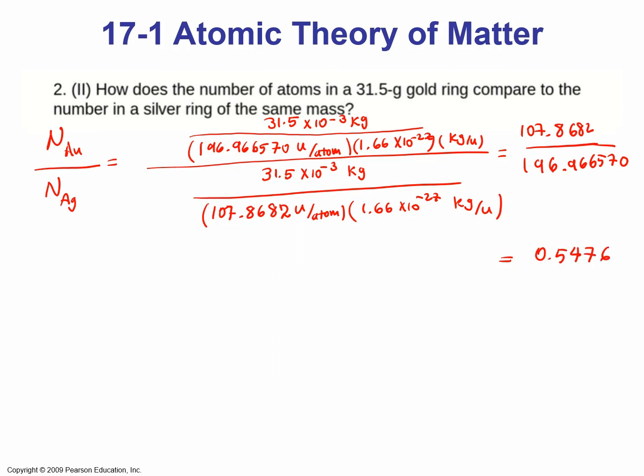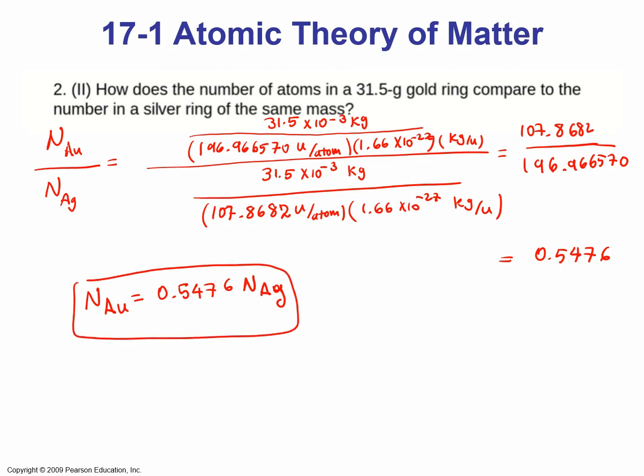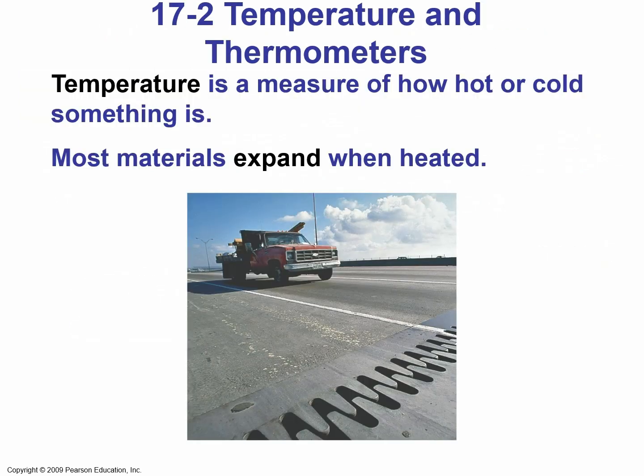So we can write that the number of atoms in gold is equal to almost half of the number of atoms in silver. Oops, Ag, sorry. So this is the answer. And that makes sense because the gold atoms are heavier, therefore we need a smaller number of gold atoms to gain the same mass.